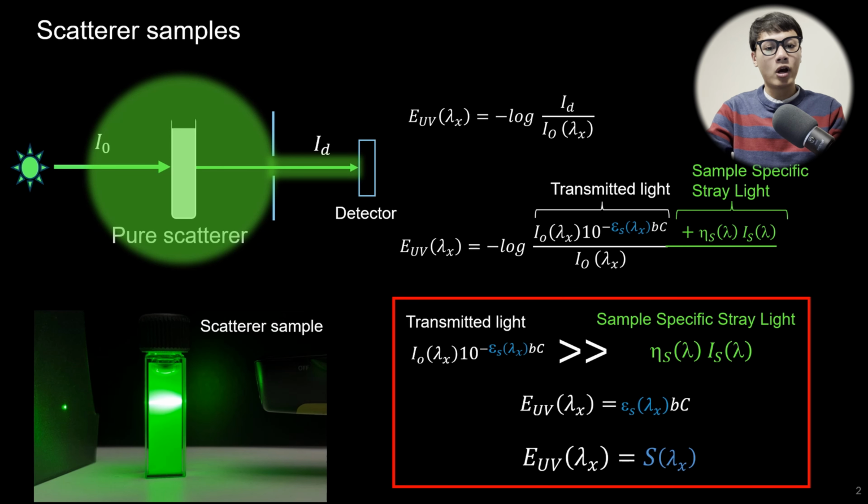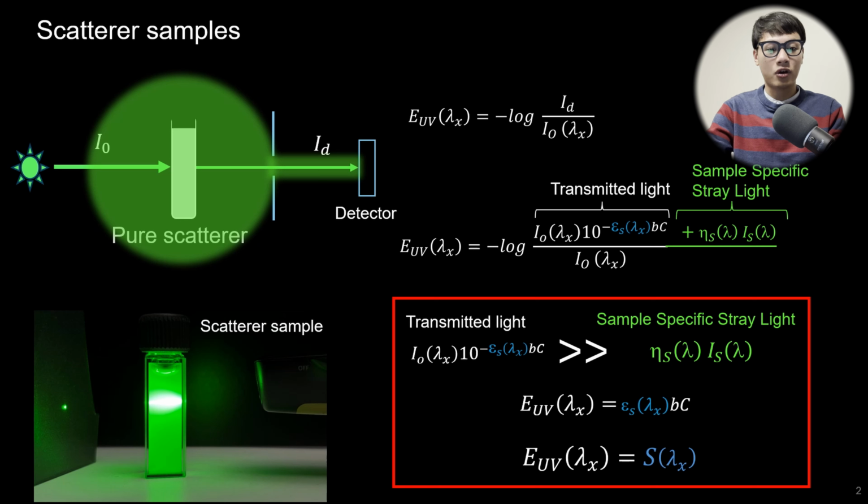Furthermore, the amount of scattered light that reaches the detector varies depending on the nature of the scatterer, such as its particle size, its optical properties, and also on the concentration. As you can see, at low concentration, the scattered light contribution to I_D is minimal.